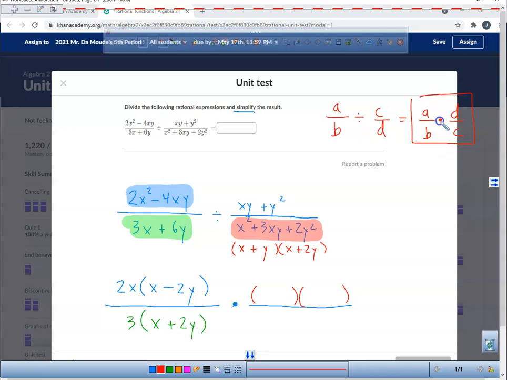Probably when you're in elementary school, you had an elementary school teacher that said, keep it, change it, flip it. This is the keep it, this is the change it, and this is the flip it. Yeah, so you keep this the same, you change this from a division sign to a multiplication sign, and then you flip it. That's the whole keep it, change it, flip it.